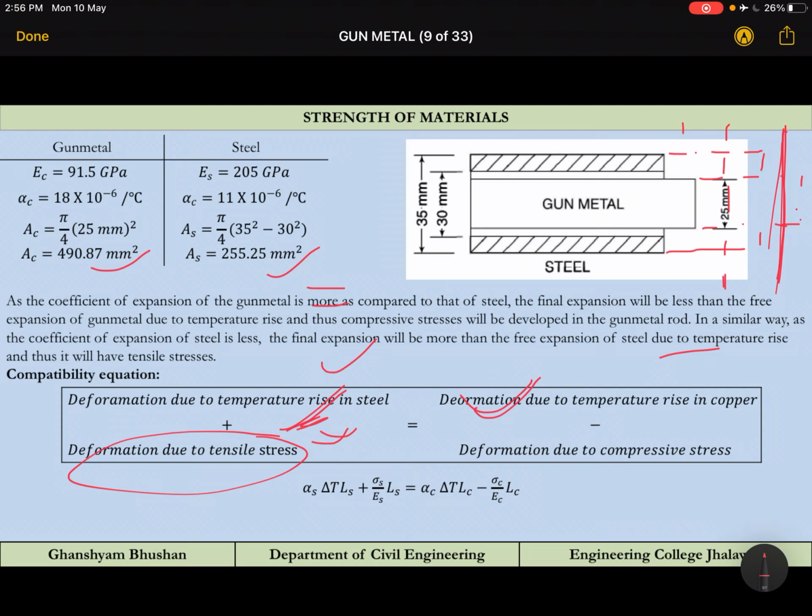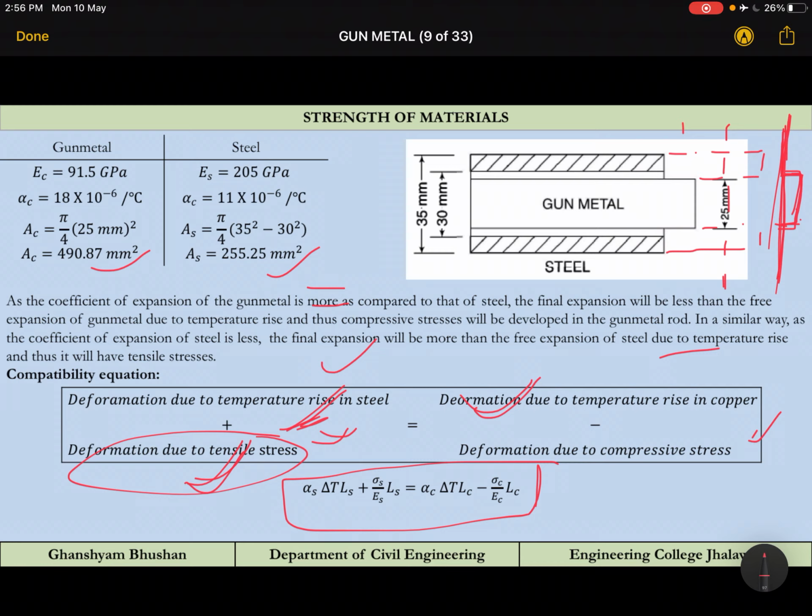The copper was about to reach here, but due to this compressive stress it has come up here. So deformation in both will be same. In steel we have to add the deformation due to tensile stresses, and in copper we have to subtract it. So this is your final compatibility equation.